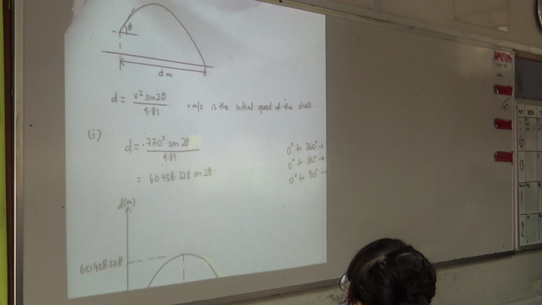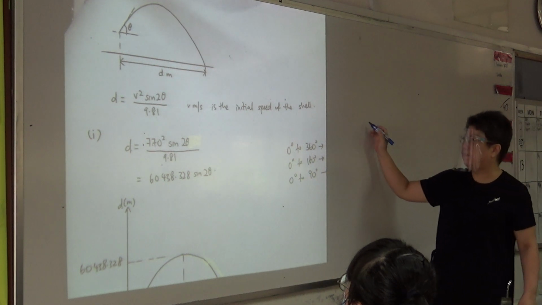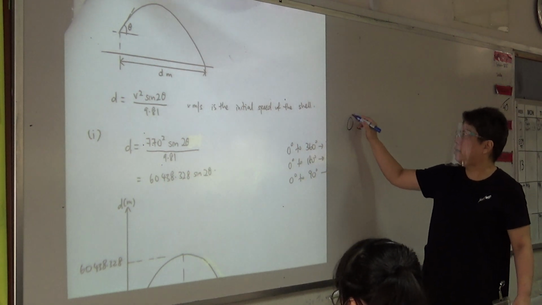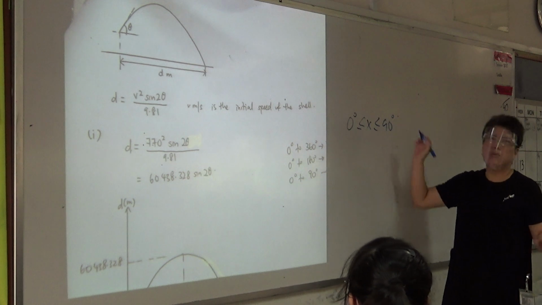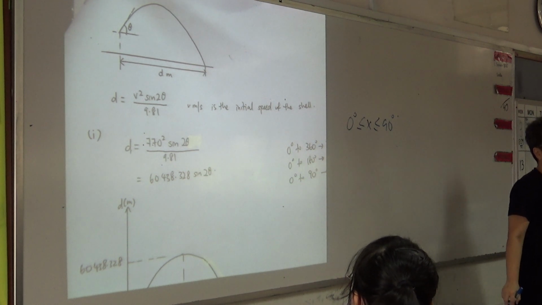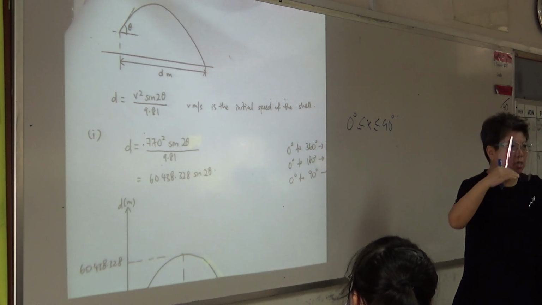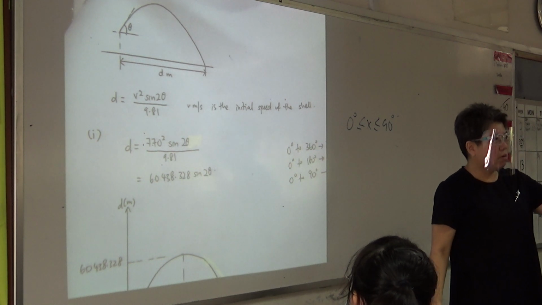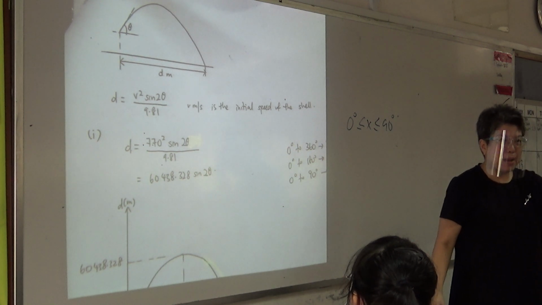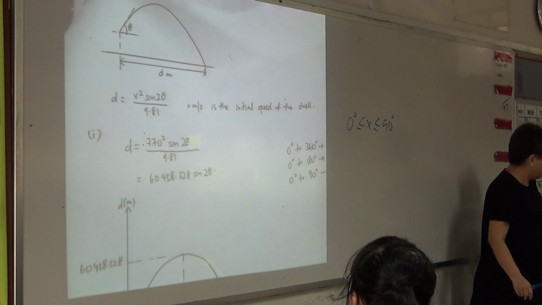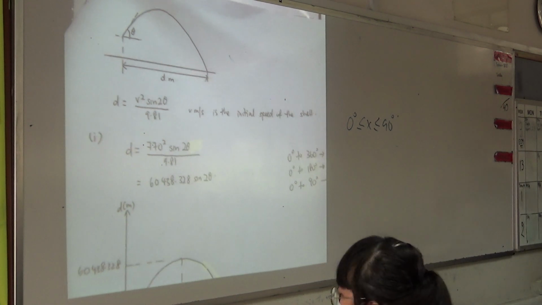Sketch the graph of d for theta between 0 and pi over 2 and use it to explain why the soldier is wrong. Now actually, the question also has a bit of nonsense here. Pi over 2 is 90 degrees. Because everything is in degrees, only that range they give in radians, which I think is strange. But you should know that pi over 2 is 90. Okay, how to show that it's wrong?